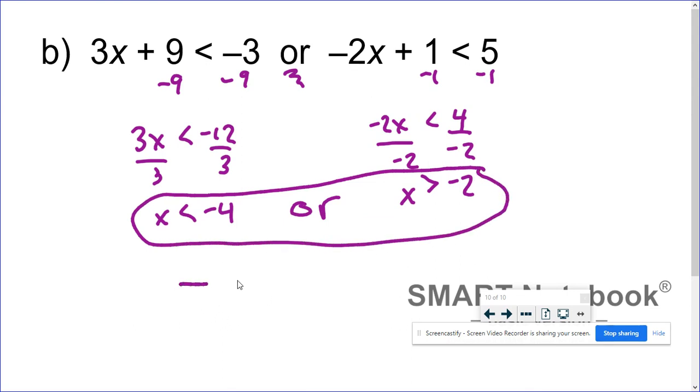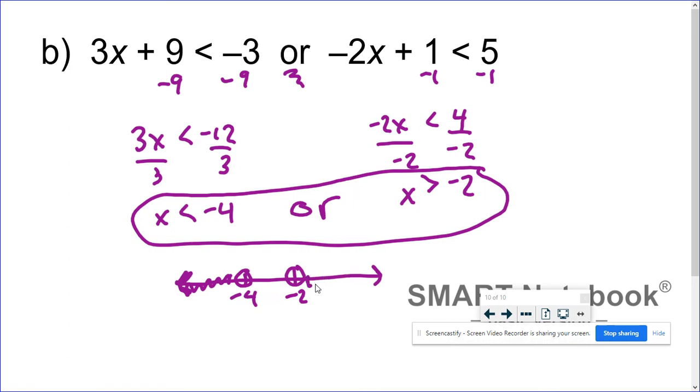If I go to graph it, somewhere on the graph is -4. It's an open circle there, and you're shading to the left. Somewhere to the right of -4 is -2. You're going to have an open circle there because it's just a greater than.